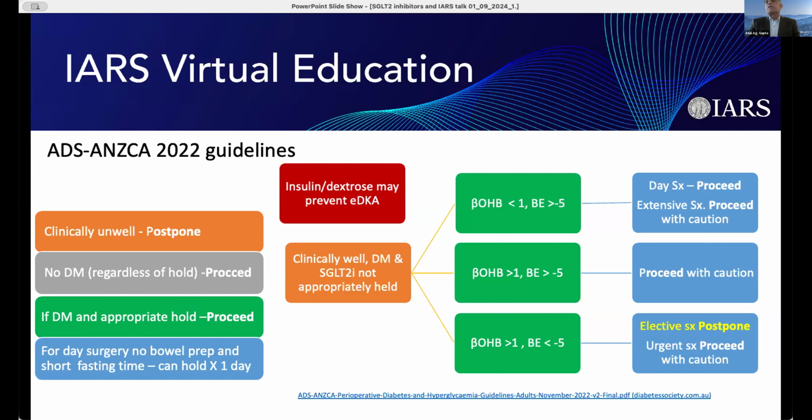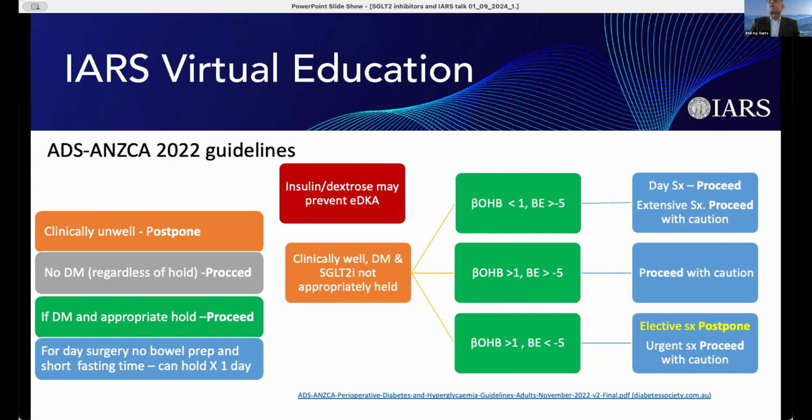And they also recommend that if the patient has ketosis, it may reflect starvation, and giving insulin and dextrose may help. And if the patient has ketoacidosis, as reflected by beta hydroxybutyrate more than 1 and base excess less than -5, for elective surgery they recommend postponing surgery and working up for ketoacidosis.